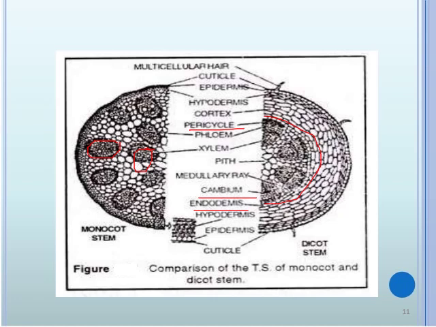Here, these are the radial rows. While in monocot stem, the xylem is V-shaped, as clearly indicated here. This is the V-shaped structure.